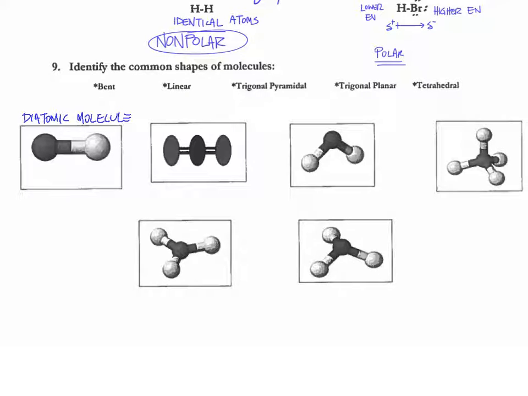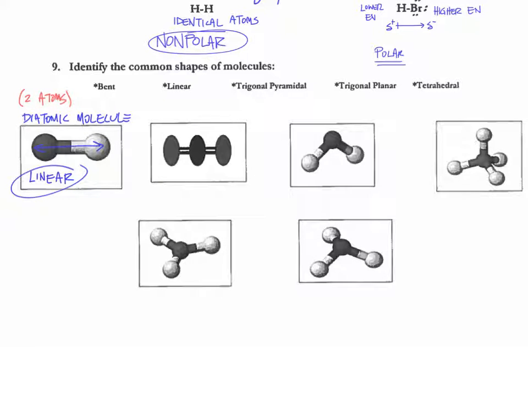They follow a straight line. This is a linear shape. You cannot spell linear without line. They both are in the same line together. Diatomic molecules, two atoms. So anytime you have two atoms bonded together, whether they're the same or different, they will always be linear in shape.